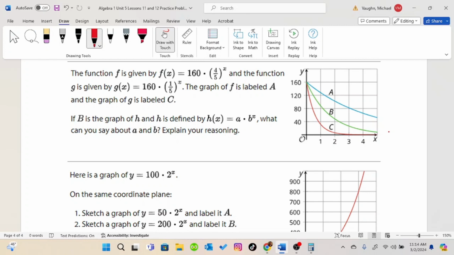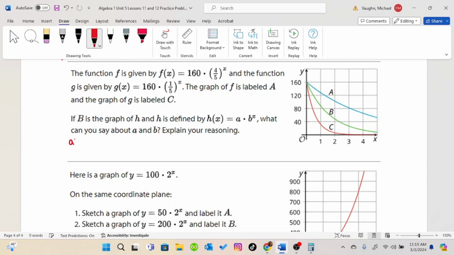The graph of f is labeled A, and the graph of g is labeled C. If B is the graph of h, and h is defined by h of x equals A times b to the power of x, what can you say about A and B? Explain your reasoning.